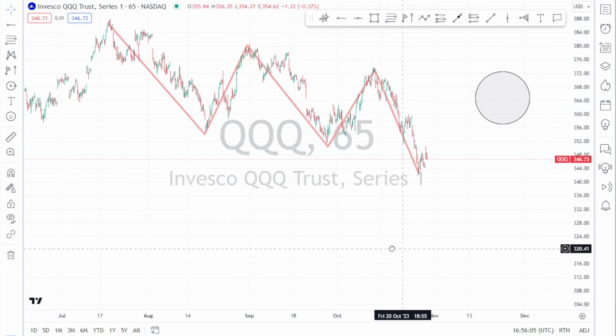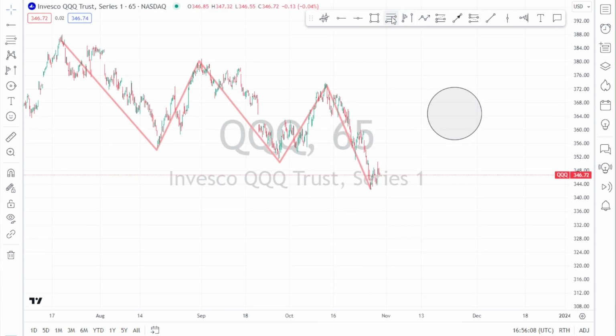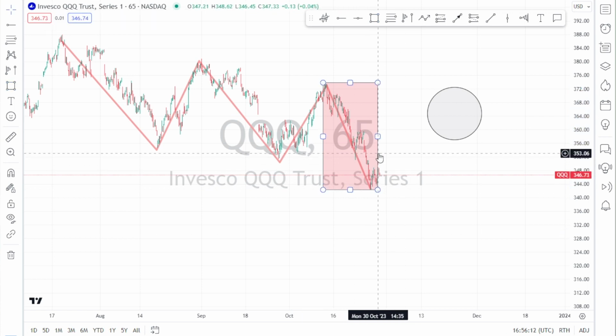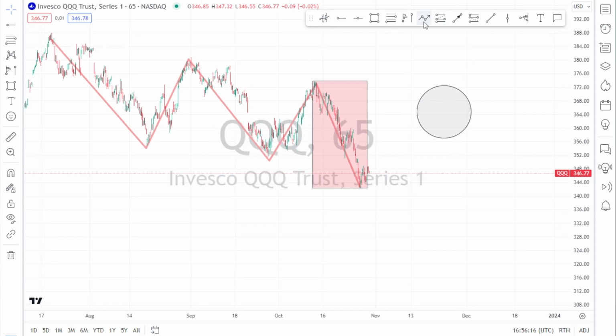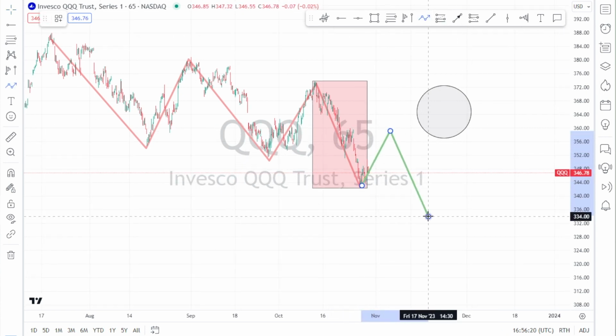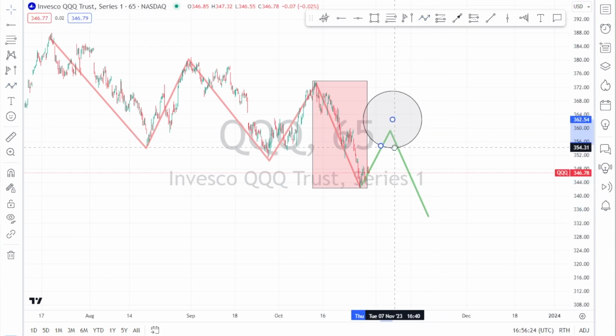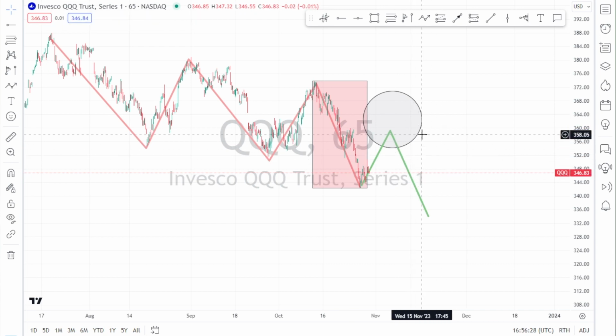And that means we're looking at this impulse move right here. This is the spot. And the action against it should look something like this and then like that. We're trying to find out where this is going to turn.